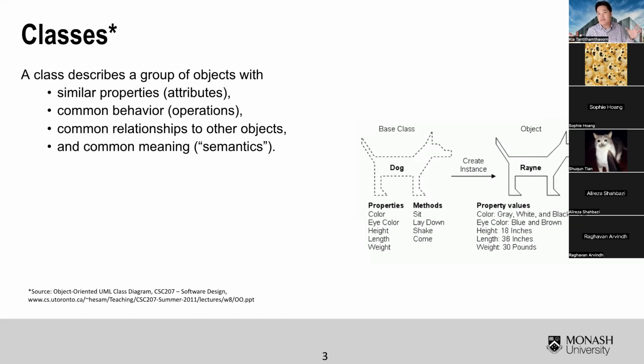But what is the difference between the class and the object? Normally, a class is the base, a group of the objects. Each class has its own attributes, operations, that kind of thing, and relationships.